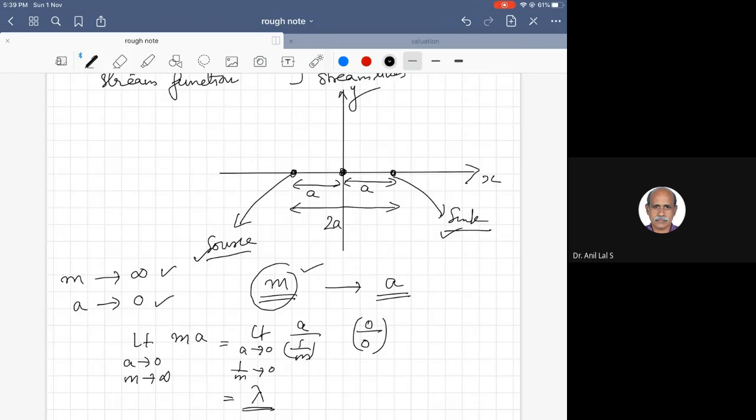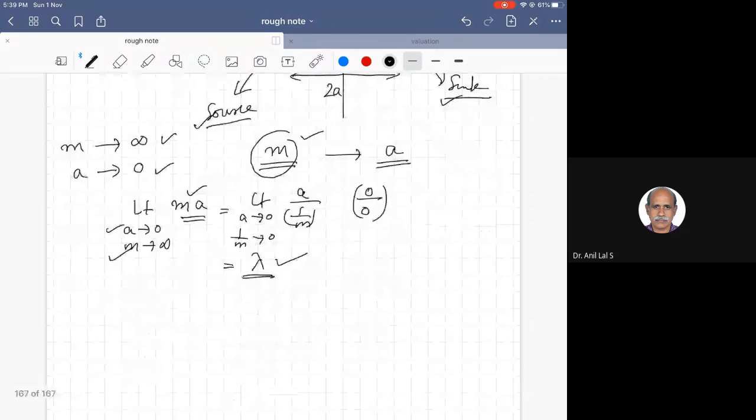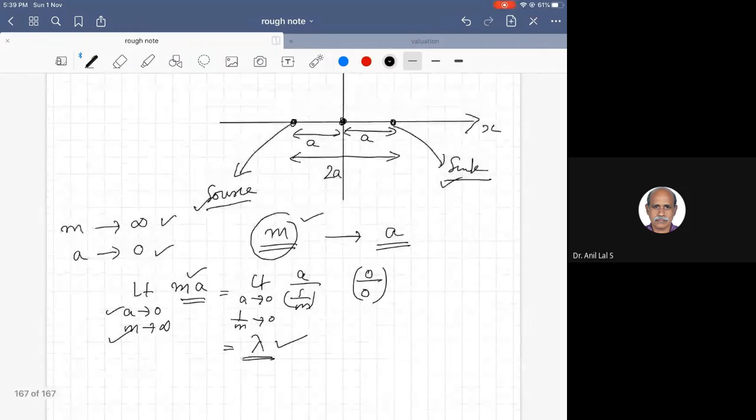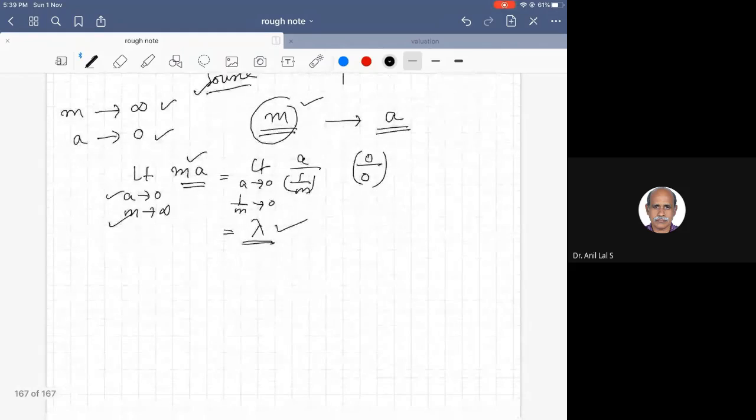So the limit of m a, with a tending to 0 and m tending to infinity, is a finite value lambda. Then we call this a doublet. So the distance of separation is reduced to a very small value and the strength is increased to a very high value.